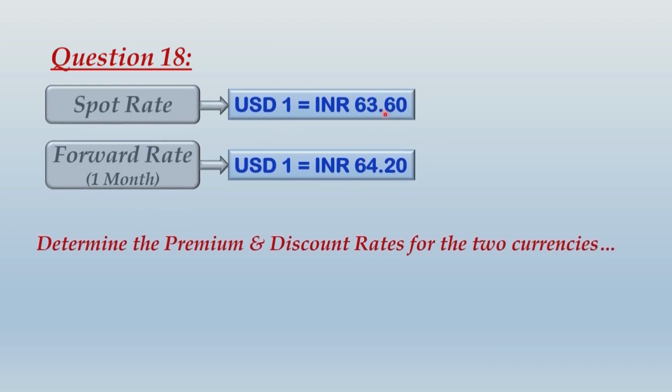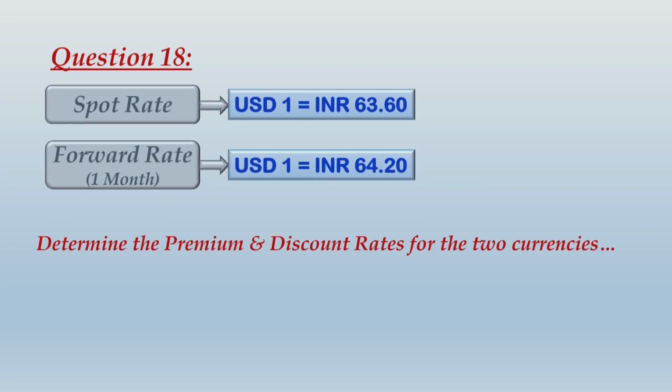If you are computing the discount rate or depreciation rate of INR, the difference between spot and forward will then be divided by the forward rate, because the quote is not for INR, the quote is for USD. So the moment you find the quote for the same currency, the denominator will be the spot rate. If you find the quote for a different currency, the denominator will be the forward rate.